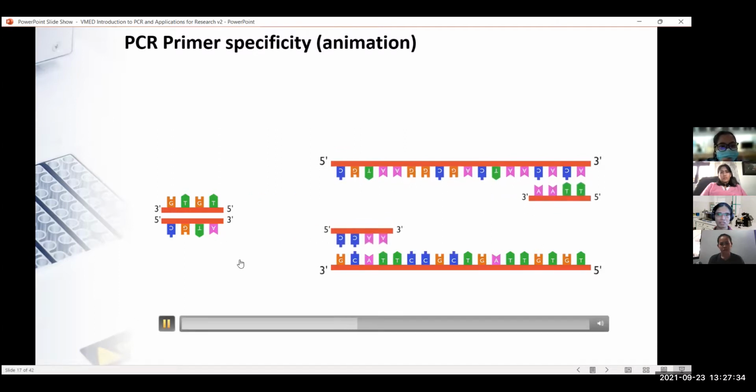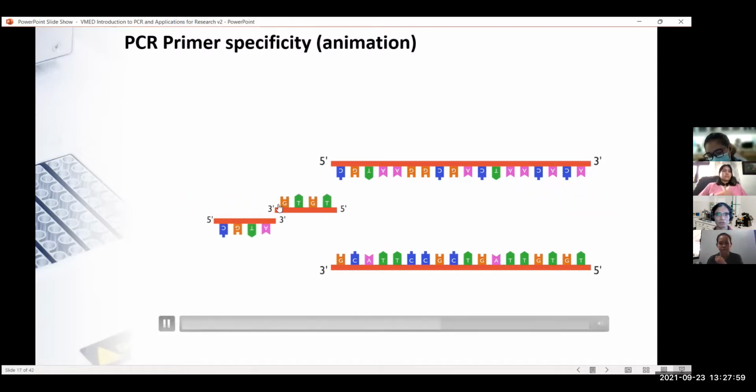So you can see they won't bind because it's not specific. It's not complementary. C is complementary to G, as you can see here, but C is not complementary to C. A is not complementary to A, but A is complementary to T. As long as there are a lot of non-complementary regions, this will not bind. So this will be rejected by the template strand.